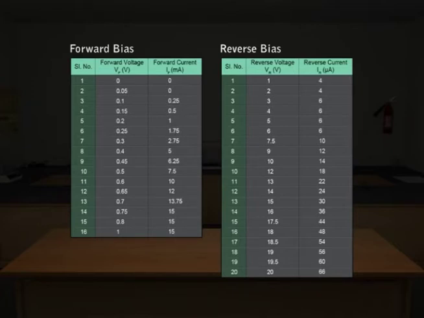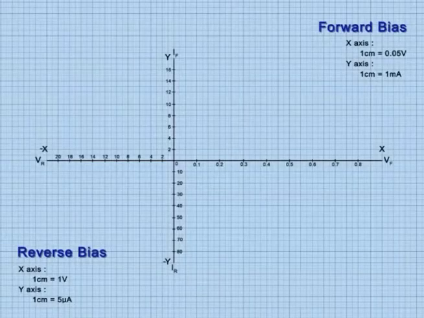Let us plot the observations on a graph taking forward voltage along x-axis and forward current along the y-axis. Reverse voltage along negative x-axis and reverse current along negative y-axis.